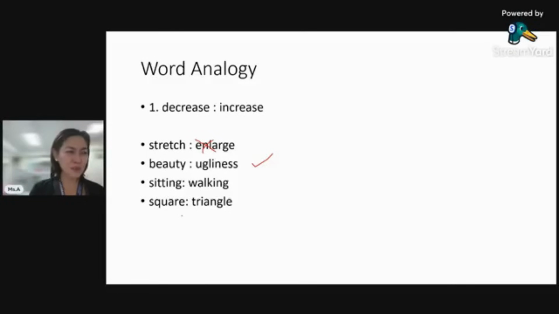Okay, and then it's two different words, square and triangle. So although it's not the same, ano po bang significance? Pwede mo pang sabihin na opposite siya or pareho siya? Of course. So, X din to. Cross out din po ito. So pagka mga XX na, tanggalin na yan. Okay? So, the answer is beauty and ugliness.